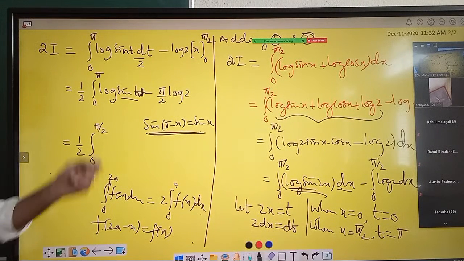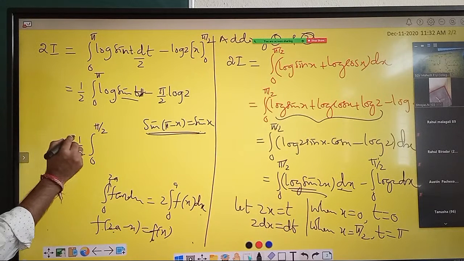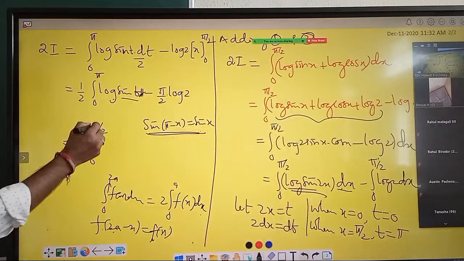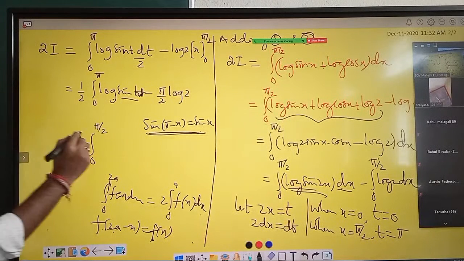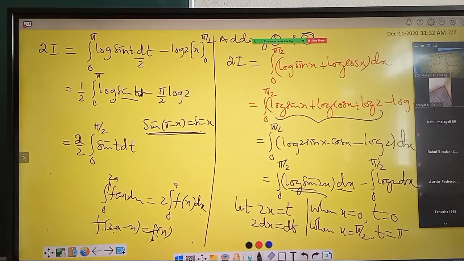Here, f of 2a minus x, what is this value equal to? If it is there, then can I write it as 2 times of 0 to half of the limit of this into sin t dt, correct? Shall we write like this?